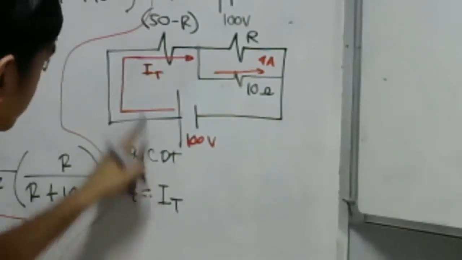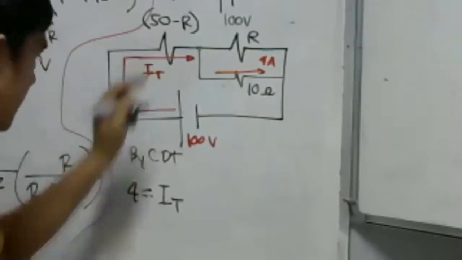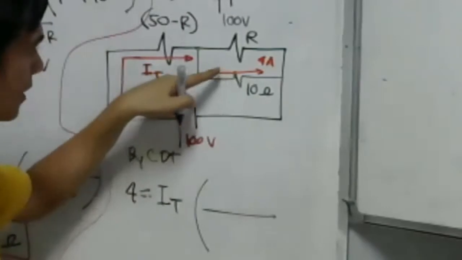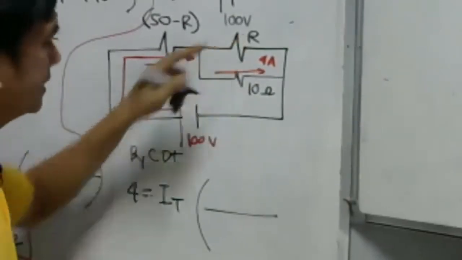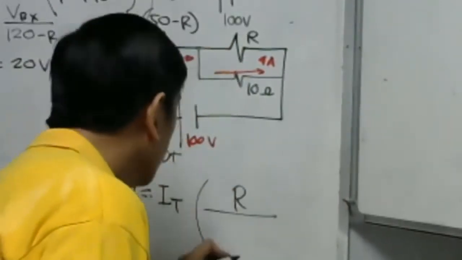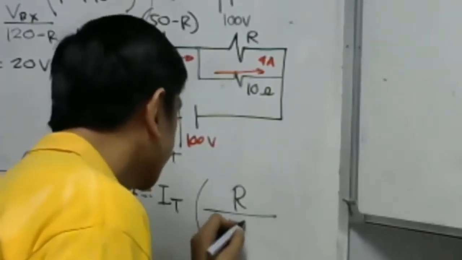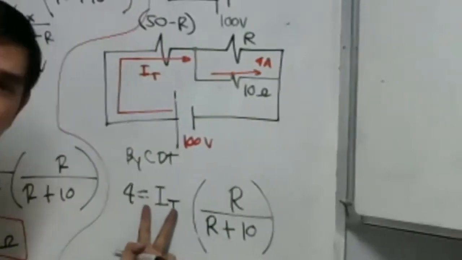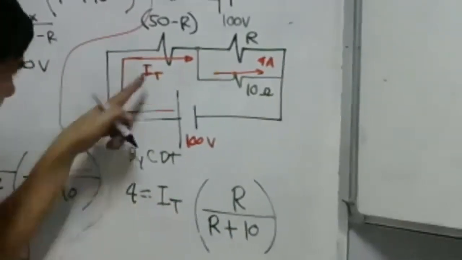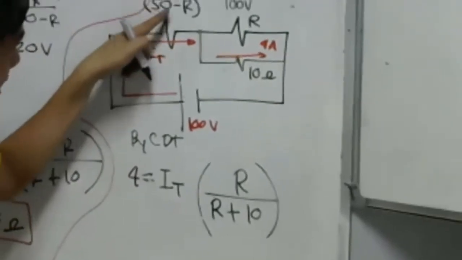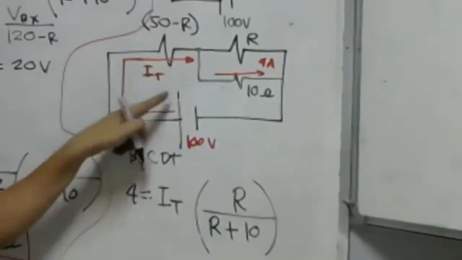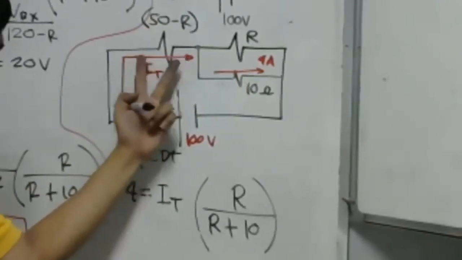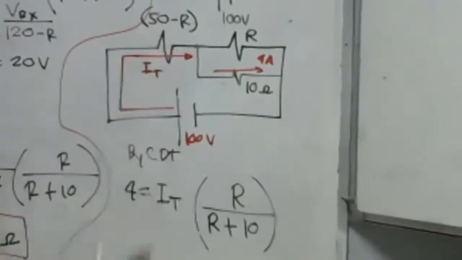Okay, just put here first our IT. Then multiplied by the opposite resistance, which is R, over R plus 10. Isn't it? By the way, guys, what is our IT equal to? Take a look that IT is the current flowing in the 50 minus R resistor. Yan yung kuryente dito sa 50 minus R. Okay? So, ito siya. This is the current IT.